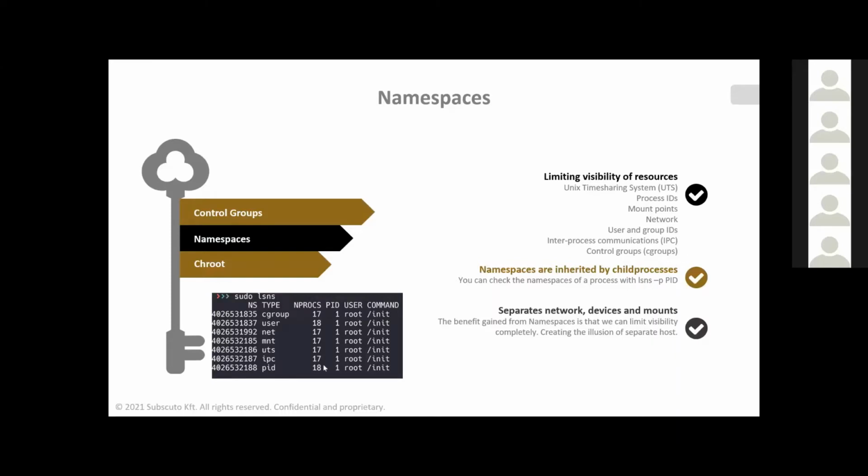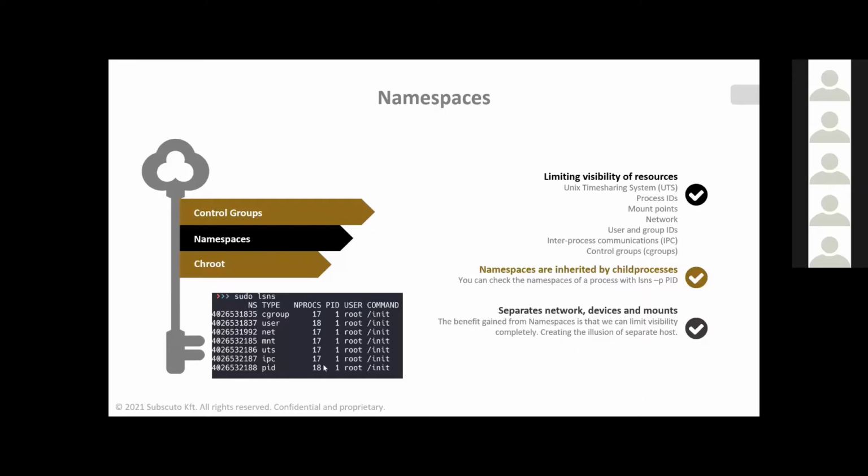Well, partially. The other piece is chroot, and I'm going to get back to that. You can also separate mount points and networks. This is why different Docker containers running on the same host can have the same port listening. It also separates out users and groups, IPC, and even control groups.